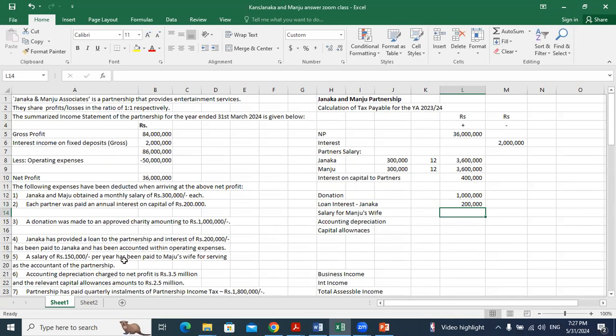Next one. The salary of 150,000 per year has been paid to Manju's wife for serving as the accountant of the partnership.